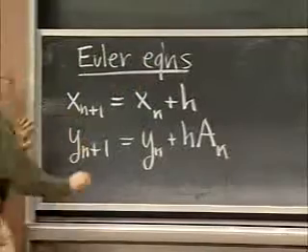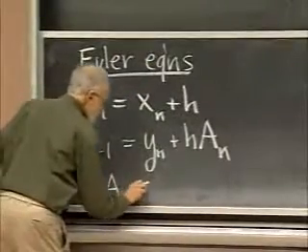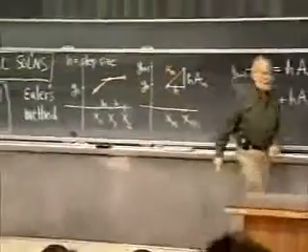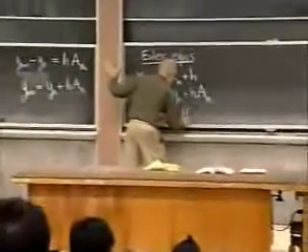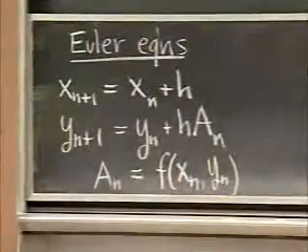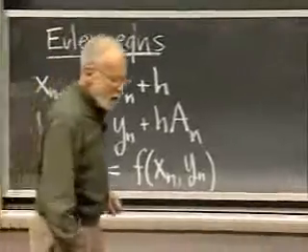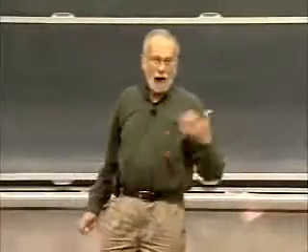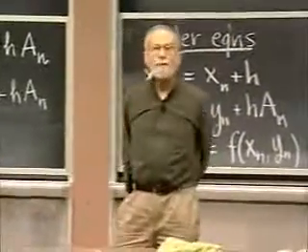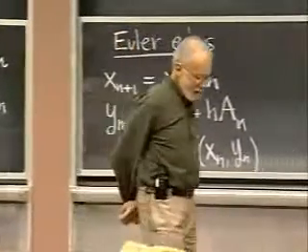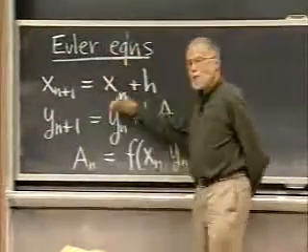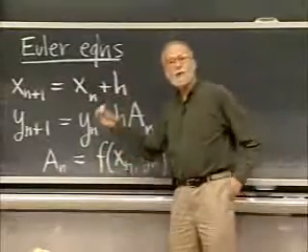And finally, an has the value, it's the slope of the line element here, and therefore, by definition, that's f of xn, yn. So it's these three equations which define Euler's method. If I assume in 18.03, surely you must be asked to, at some point, as an exercise in the term, to program the computer in C or whatever they're using, Java now, I guess, to do Euler's method. And these are the equations, these would be the recursive equations that you would put in to do that.